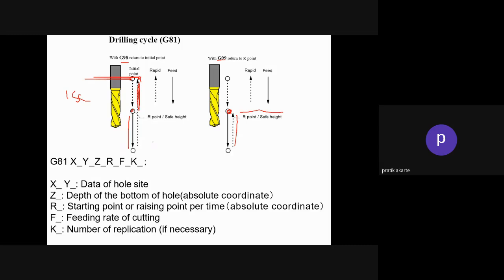F is the feed rate of cutting, and then the number of replications. Like when you have to repeat this G81 for 10 holes, every time only the X, Y and Z coordinates are going to change, and the rest of the things remain constant. You need not give the feed or the numbers every time. You just direct the tool where it has to drill the hole. That is what we call a drilling cycle, the canned cycle.